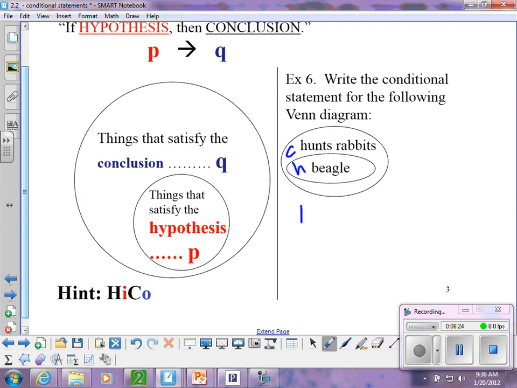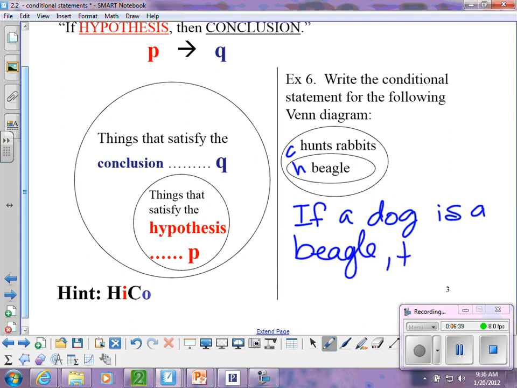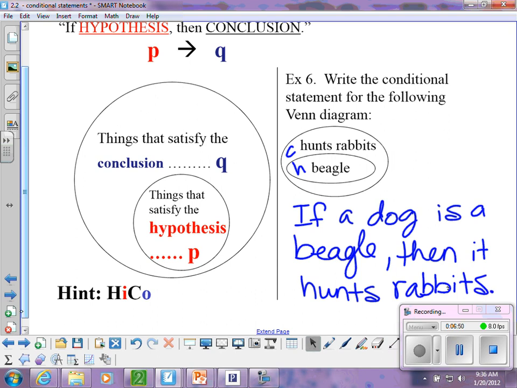Dog, yeah. Animal works, but if you can be more specific, why not be, right? If a dog is a beagle, then it hunts rabbits. So if a dog is a beagle, then it hunts rabbits. Okay?